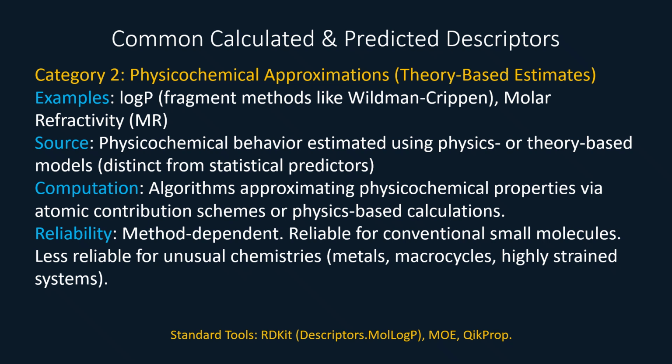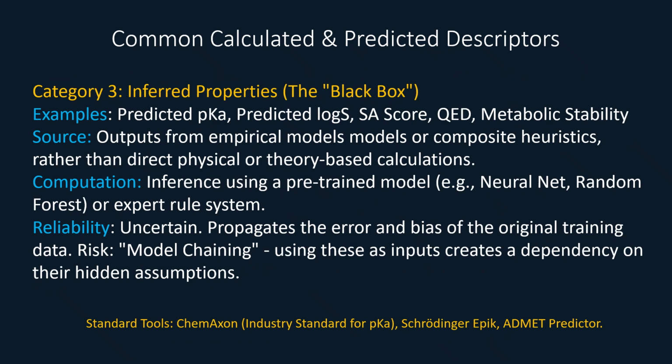Now let's see inferred properties. So these other descriptors, including predicted pKa, predicted solubility, synthetic accessibility scores, or metrics like QED, are inferred rather than calculated. So these values are produced either by empirical models or by heuristic scoring systems.